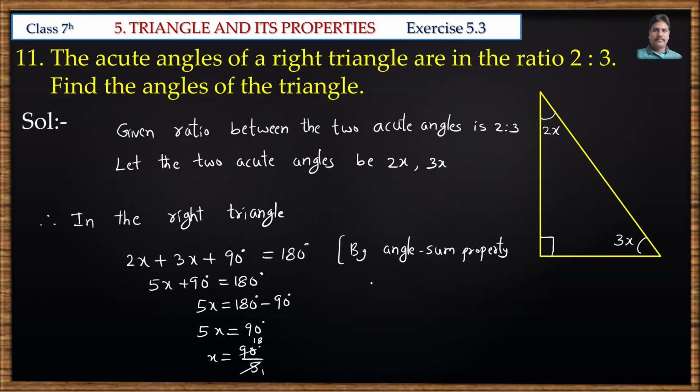So therefore x is equal to 18 degrees. We have to find 2x and 3x. Therefore 2x is equal to 2 into 18, that is 36 degrees, and 3x is equal to 3 into 18, that will be 54 degrees.